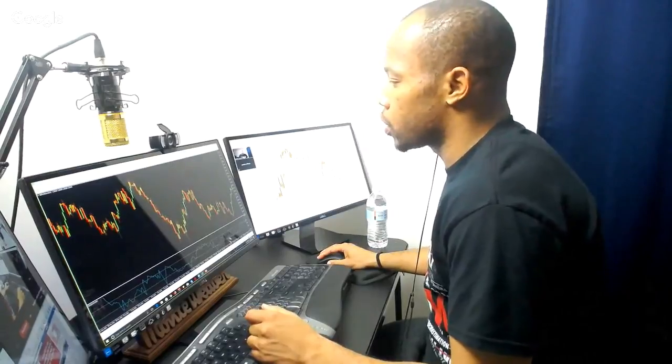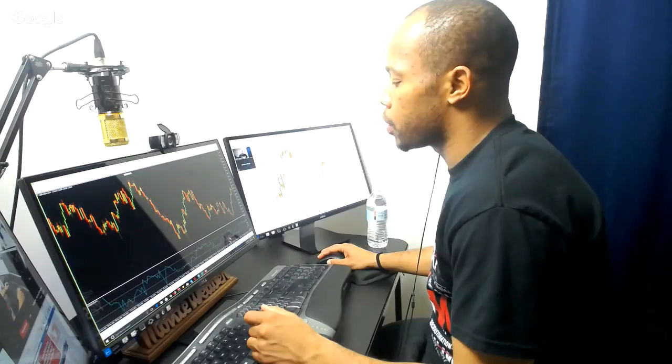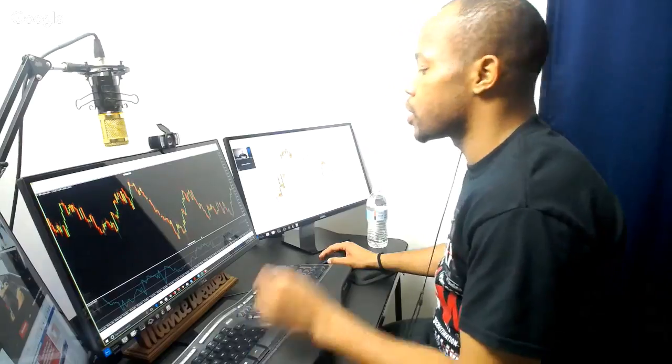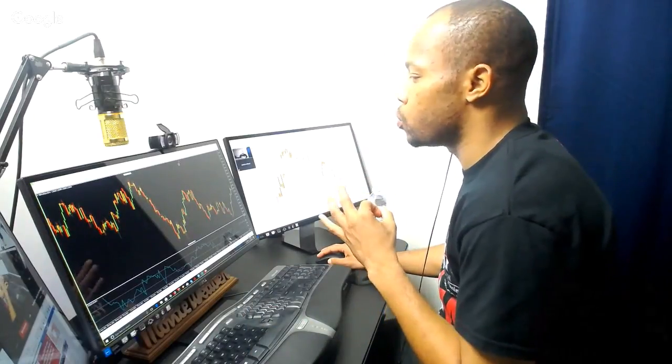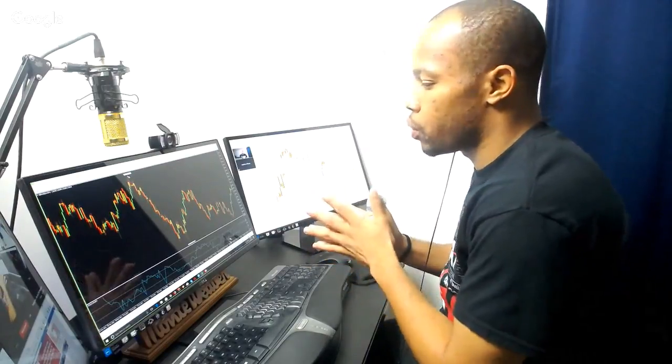So we're going to look at the market high starting back here, the market high back here down to the market low down here. And this is how you draw your Fibonacci tool. You want to click on the tool and draw it in the direction that the market is going.